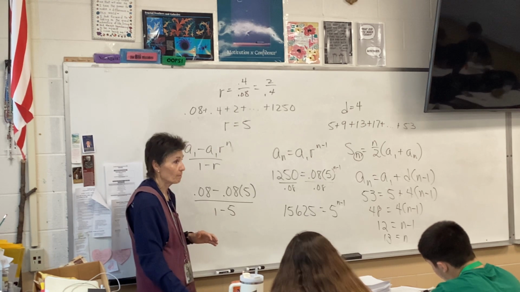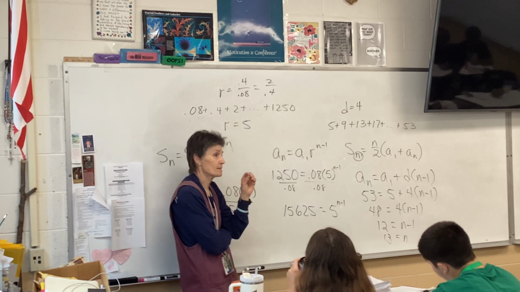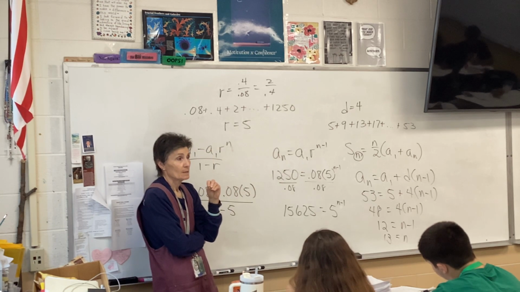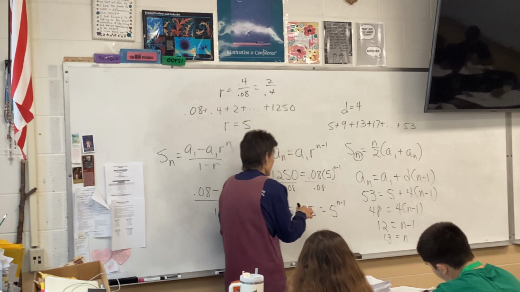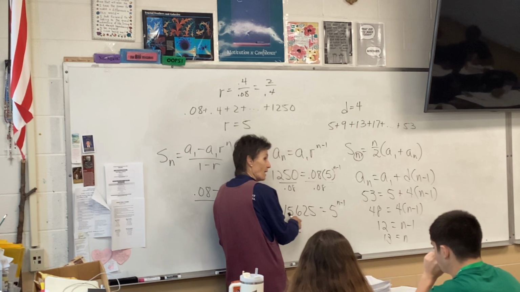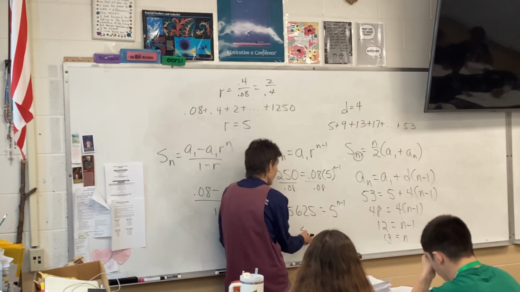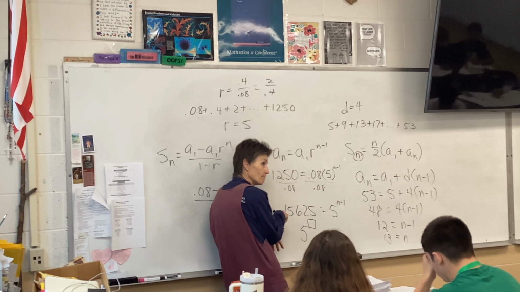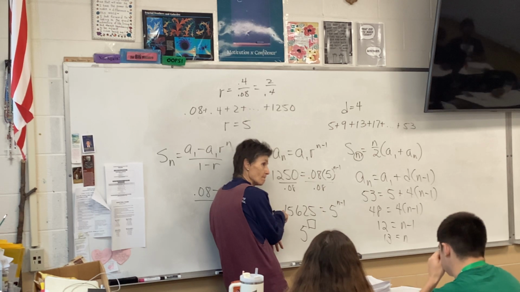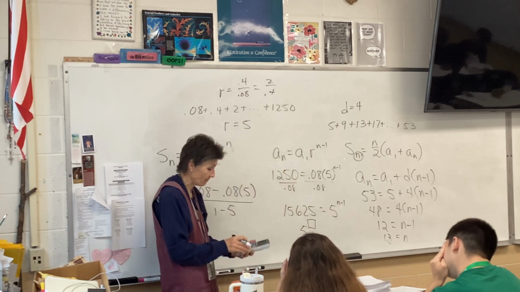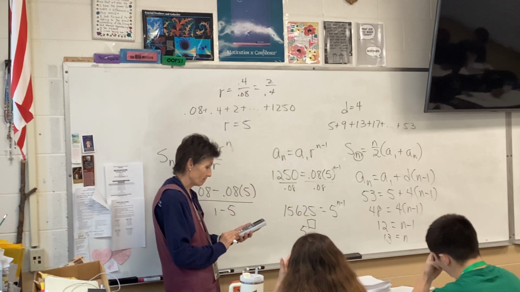Now we can do this a couple of ways. We can do it with logarithms, or we can do it with trial and error. If 5 to this power is gonna be 15,625, then shouldn't there be a power that I take 5 to get this number? So I'm just gonna pick a number. I'll do 5 to the 8th.